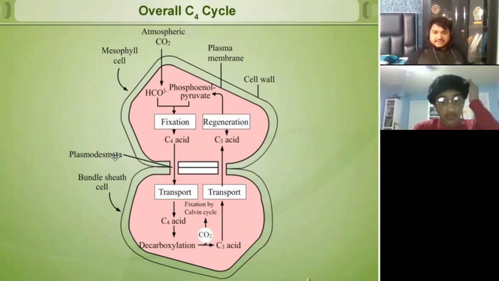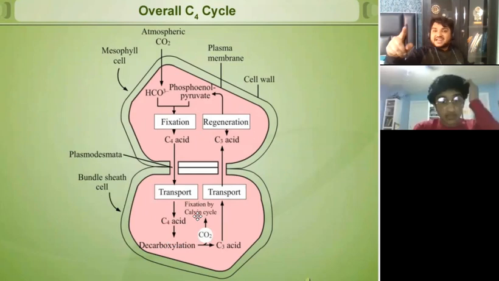Oxalic acid. Now it is transported to the bundle sheath cell. Now when it is coming into the bundle sheath cell, there is decarboxylation. It means we are removing the carboxyl again. So from the C4, one carbon dioxide is going again into the Calvin cycle.